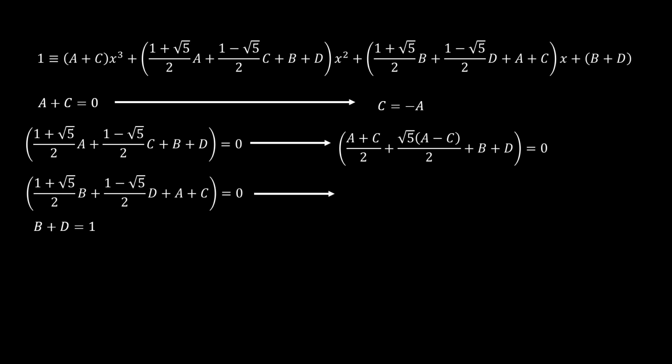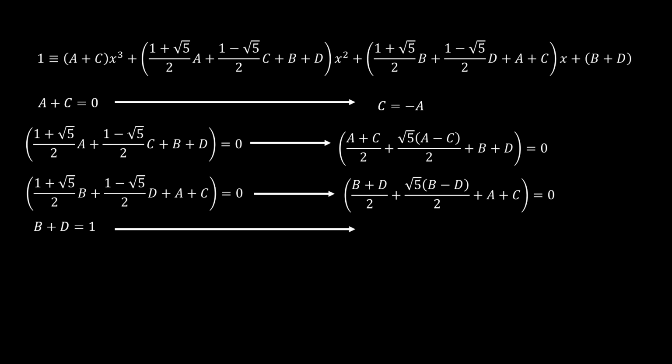And then here we have (b plus d) over 2, collecting like terms, and then root 5 times ((b minus d) over 2 plus a plus c). And then from here we can see that d is the same as 1 minus b. So that's the first thing we can do. Now, seeing that b plus d equals 1 here, and a plus c is 0, so this goes to 0 here.